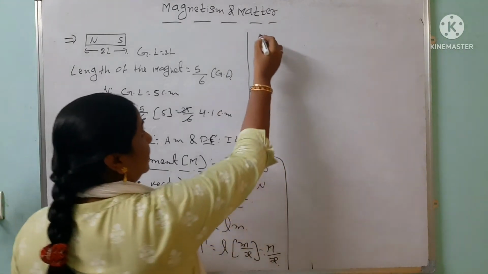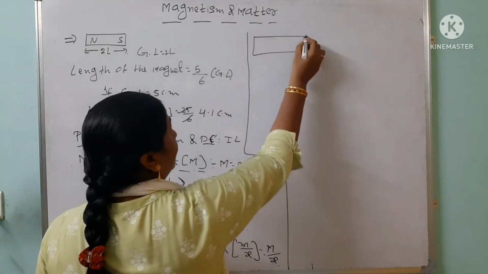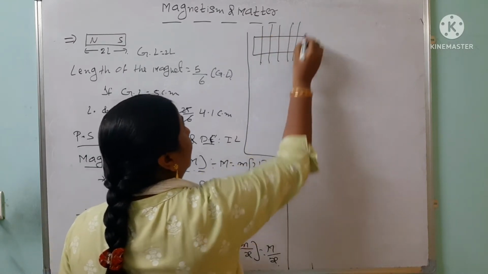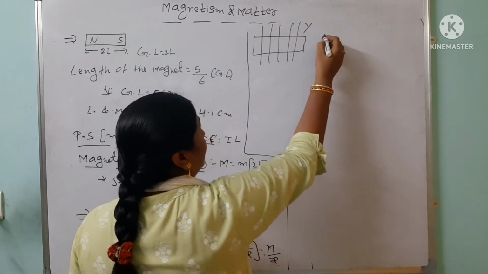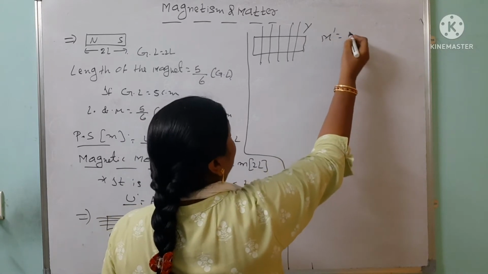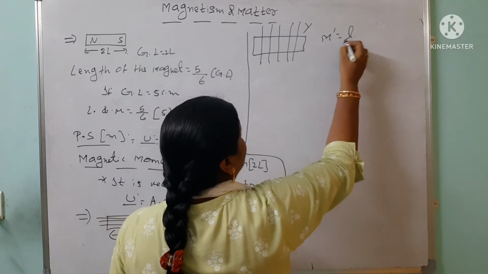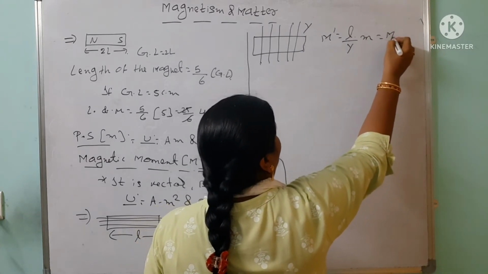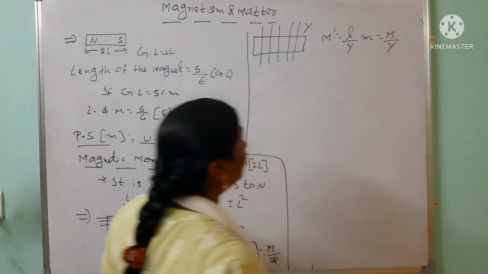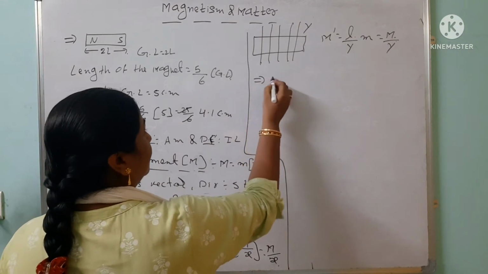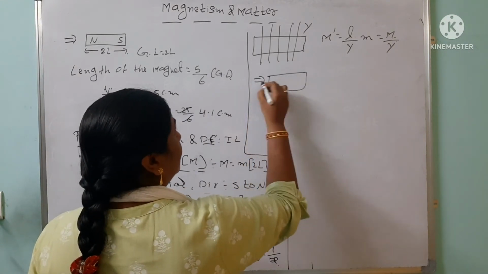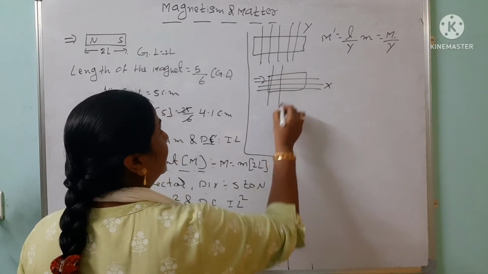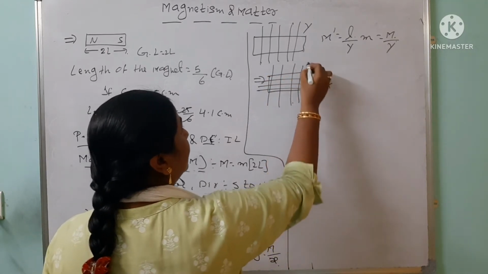Not only this, if the magnet is cut perpendicular to the length into Y pieces, here M dash equals the length changes to L by Y into the pole strength as usual. Anyway, the magnetic moment also decreases Y times. Suppose we are taking one magnet cut along the length into X pieces and perpendicular to the length into Y pieces.